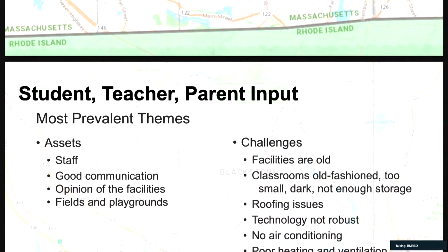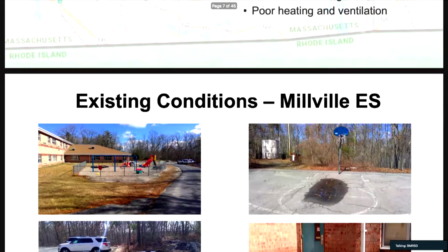The most prevalent themes as an asset were the staff, the good communication, the opinion of the facilities, the fields, and the playgrounds. So though they may be run down, they were comfortable. And that's back to how many people are in it. The challenge is that it's all the physical side. They're old. They have heat that doesn't work. They don't have air conditioning. They don't have technology. There's a bunch of things on the physical side that were causing some problems for people.